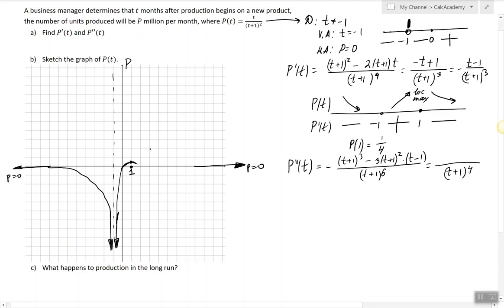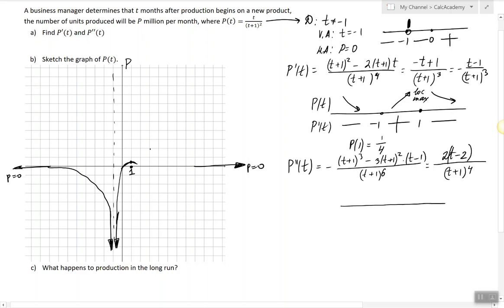And now what's left in the numerator is t plus 1 minus 3t plus 3, and we have a negative sign in the front. So we have 4 minus 2t, which, combining it with the negative, is 2t minus 4. And we can factor out 2 to get 2 times t minus 2.